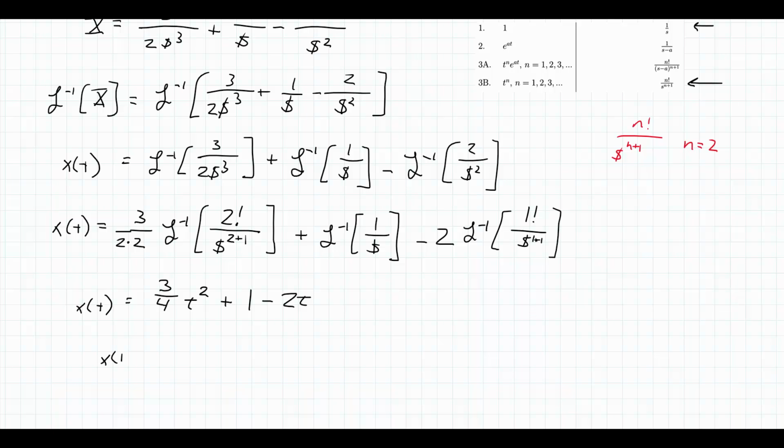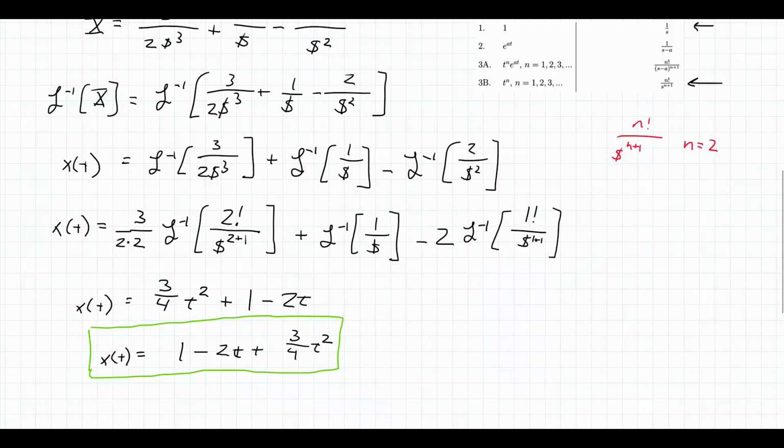So x of t, I am going to just rewrite this a little bit. I'm going to put it in ascending powers. So I'll just rewrite this as 1 minus 2t plus 3/4 t squared. And that is my complete closed form solution for x of t given the ordinary differential equation and the 2 initial conditions.